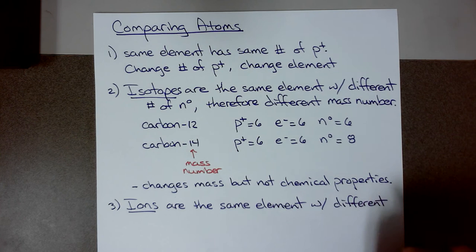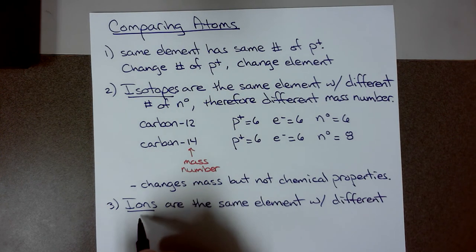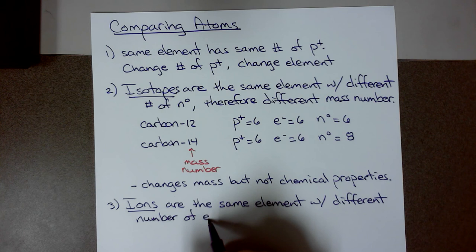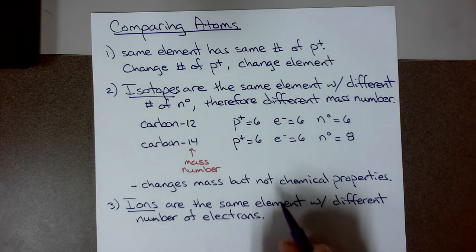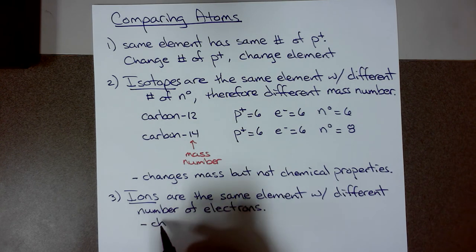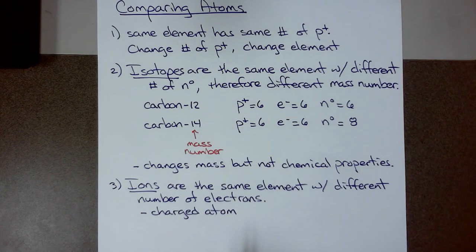If we change the subatomic particle electrons, we have ions. Really what we have is a charged atom, so they're no longer neutral.